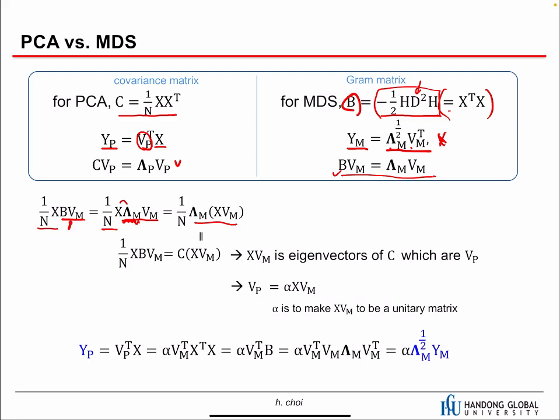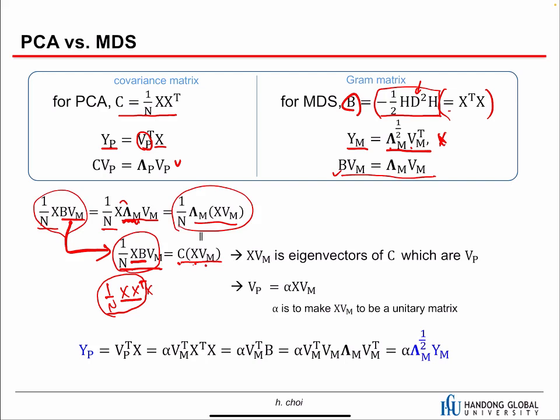And if we look at this, B is actually X transpose X. Then this one is actually the covariance matrix, so we can rewrite this term with C, X and v_m.